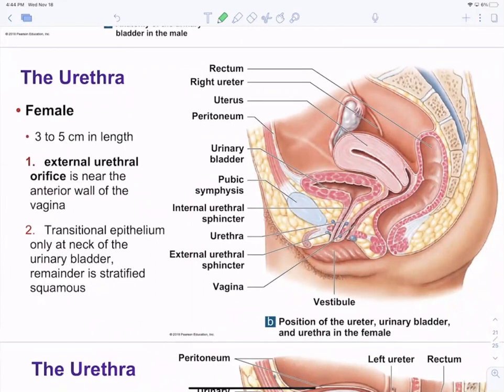In females, the urethra is completely separate from the vaginal canal, which is reproductive. So the vaginal canal is here, and that's reproductive. And then the rectum is even behind that. So there's really kind of three openings down there for females. This is the uterus.